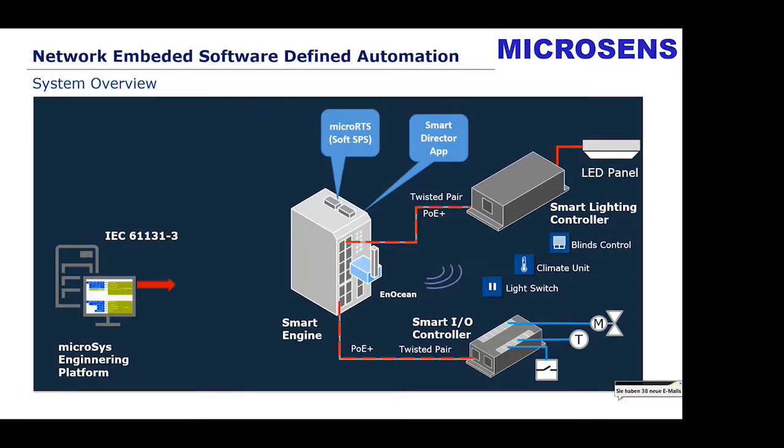We chose this standard because it's worldwide known. Somebody who is able to handle a system which is IEC 61131 compliant, and this is the majority of the systems on the market, can also handle our system the same way.